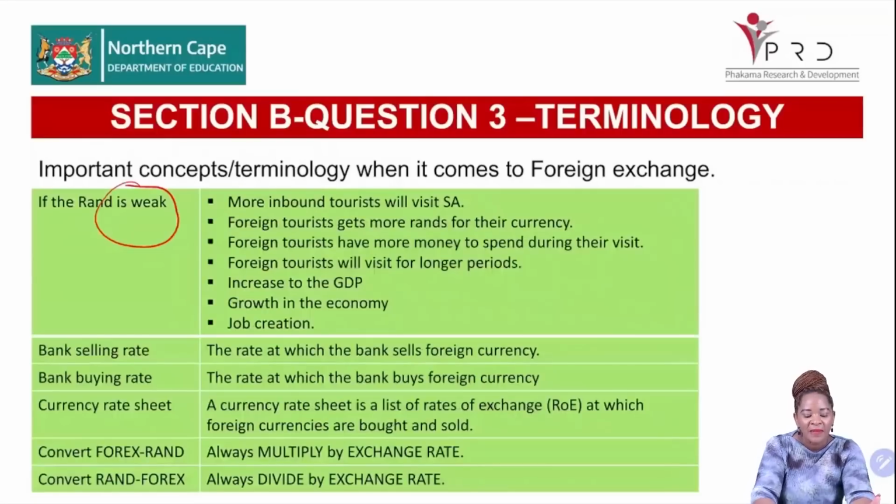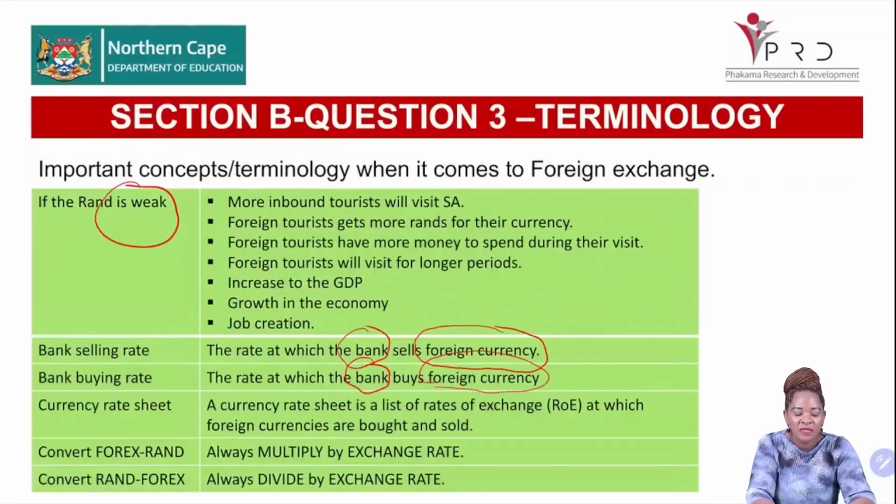And then there is a concept related to it, the BSR, which is the rate at which the bank sells foreign currency. Here, guys, we're always focusing on the foreign currency and also the perspective of a bank. It is a bank that is using this rate to sell the foreign currency. And then the bank buying rate, the BBR, is the rate at which the bank buys foreign currency.